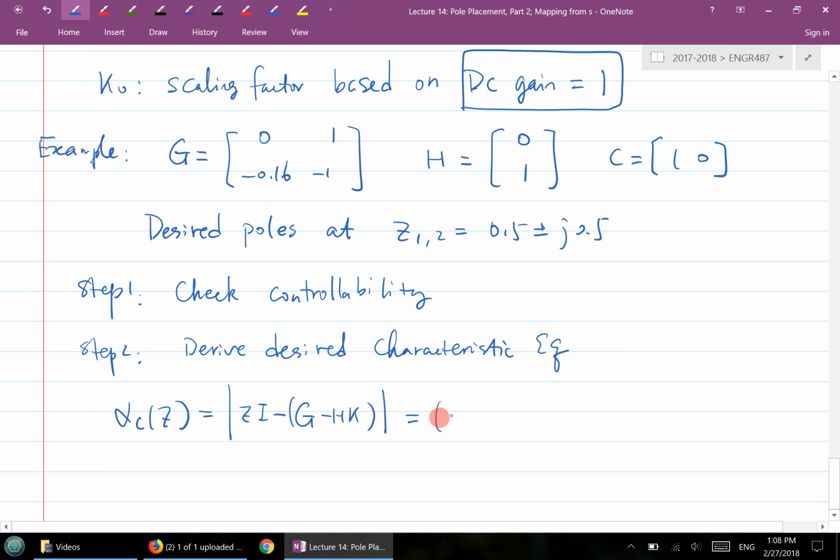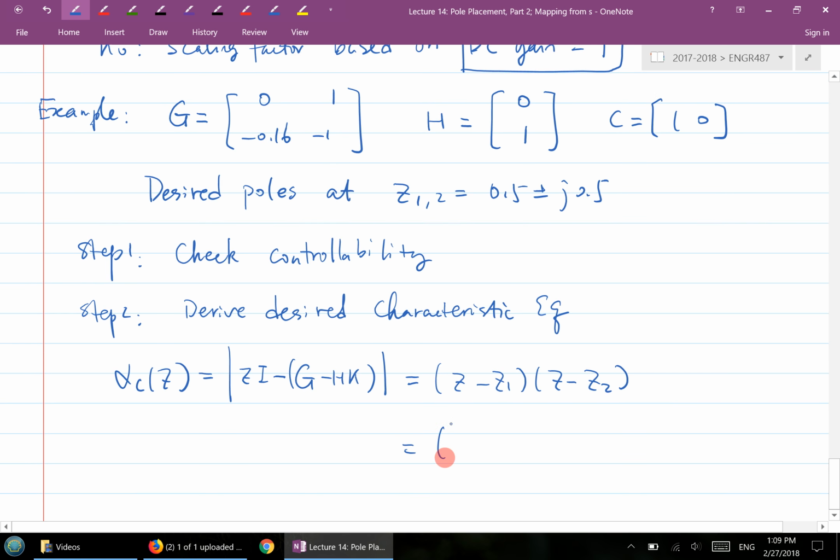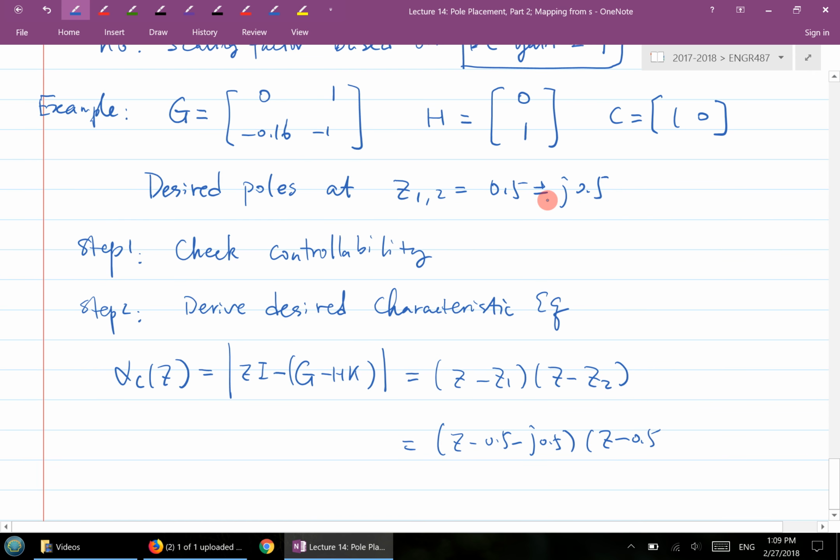There are only two here. The first one is Z minus Z1, the second one is Z minus Z2. And what's Z1? Z1 is 0.5 plus J0.5, so that's Z minus 0.5 minus J0.5. The second one is Z minus 0.5 plus J0.5. There are two desired pole locations.